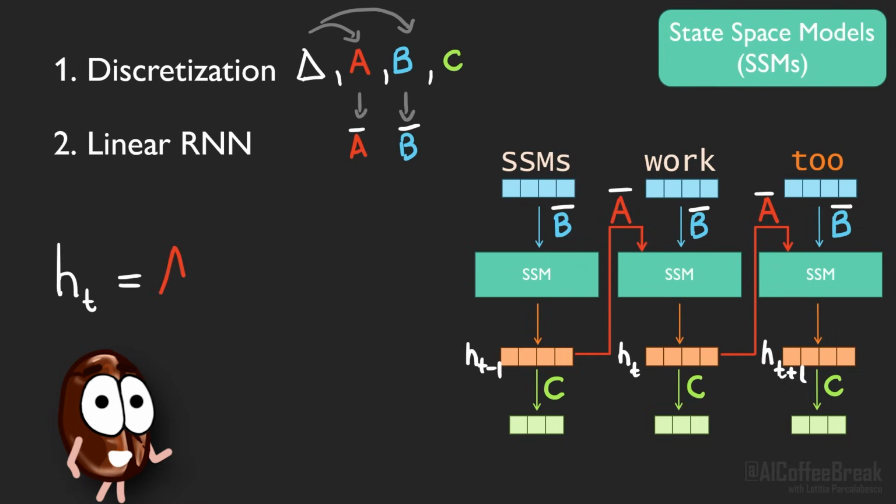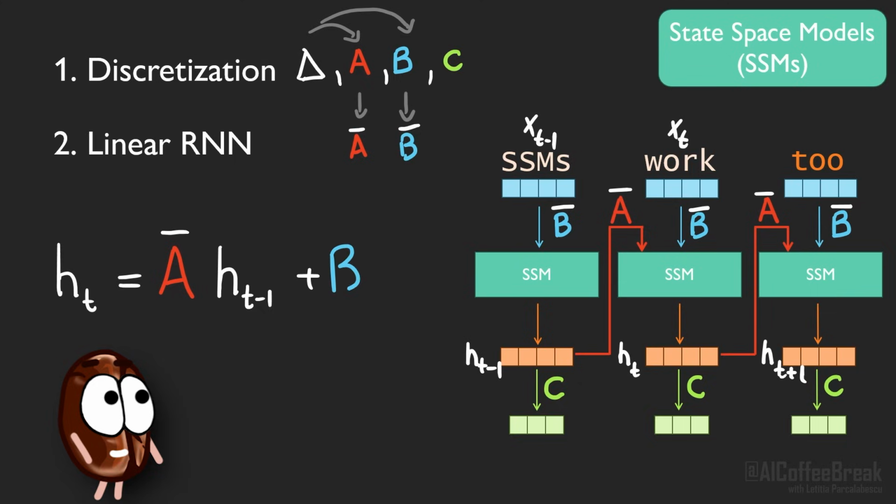Namely, to get the hidden state for token t, we multiply the hidden state from the previous token, so t minus 1, with A bar, which is a linear transformation. Then we multiply B bar with the input embedding of the current token and add these two together. And this is how we get the hidden state for the token t in the sequence.